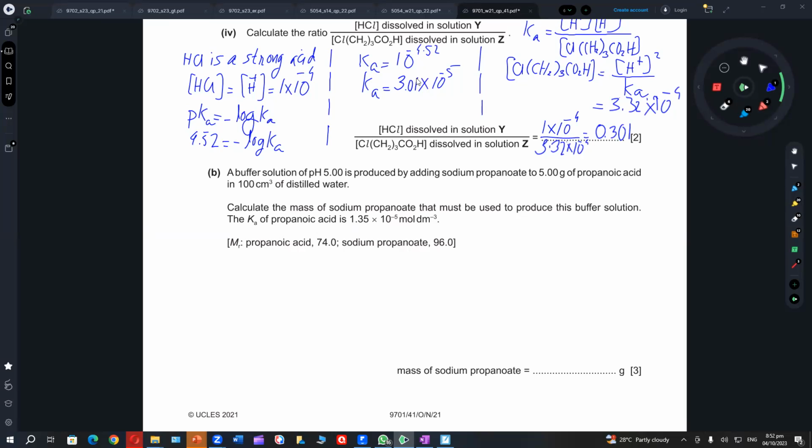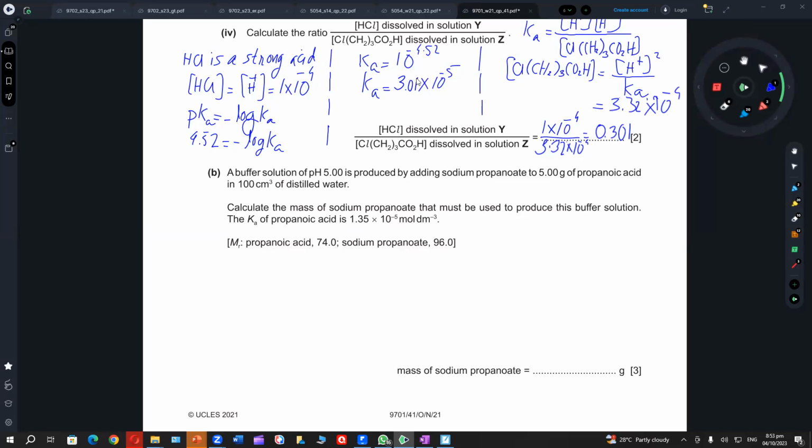They need a buffer solution for pH 5. So either we can go for that buffer solution formula, the big formula. Can we use the formula which has the pKa? We can use that formula, but we need the concentration of H plus, because the molar mass is given. Ka is given, and pH of the buffer is given.